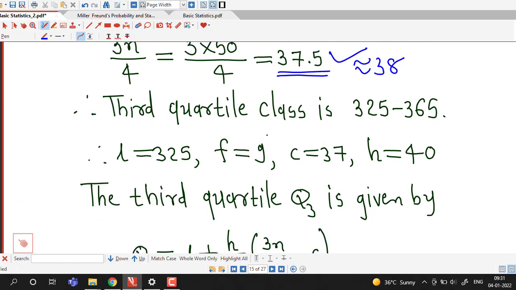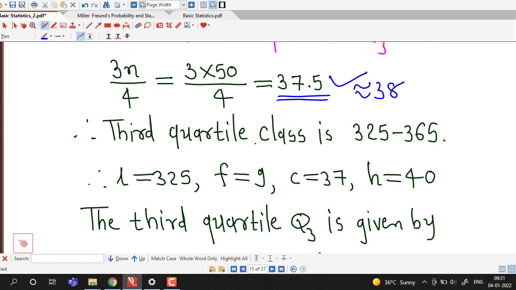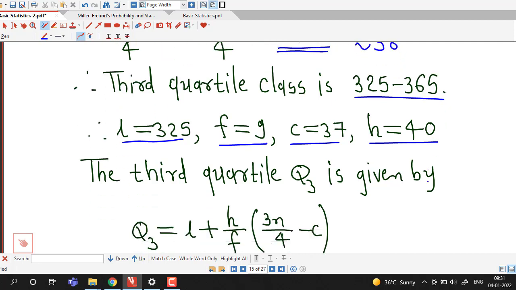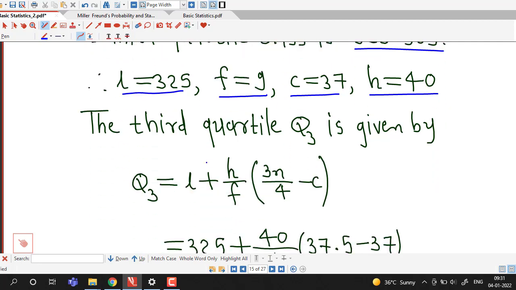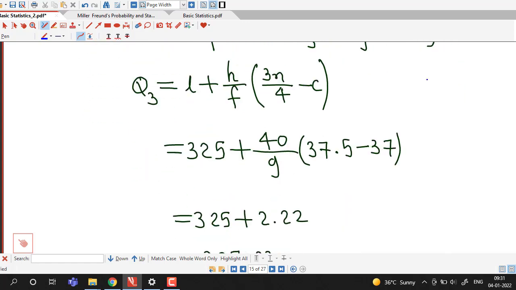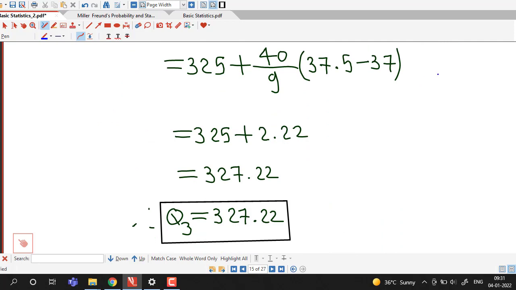So here we have written all those things, that third quartile class is 325 to 365, therefore L is 325, F equal to 9, C equal to 37, H equal to 40, and this is the formula for third quartile. Q3 equal to L plus H by F, 3 into N by 4 minus C. We substitute all these values in this formula and we obtain third quartile equal to 327.22.